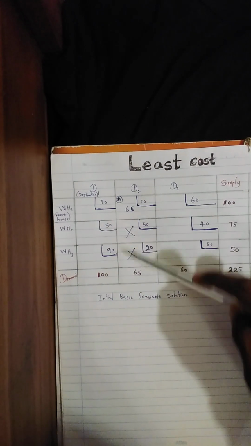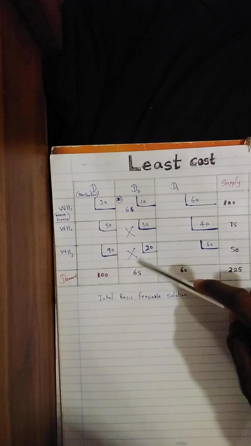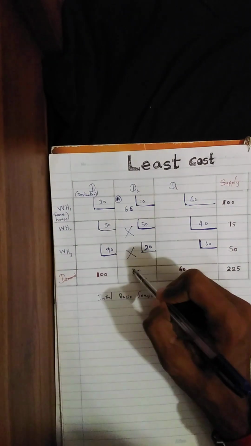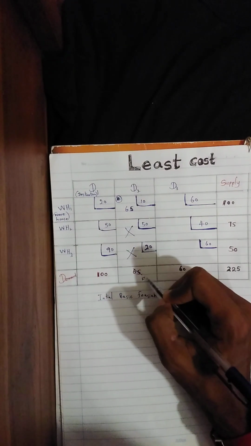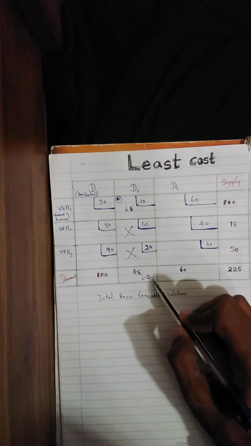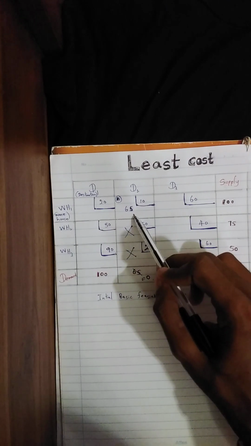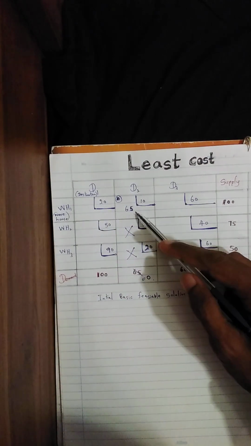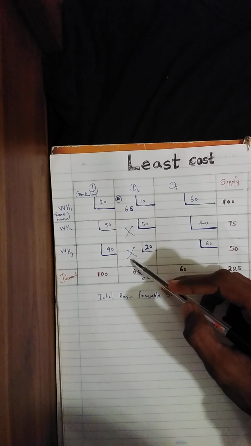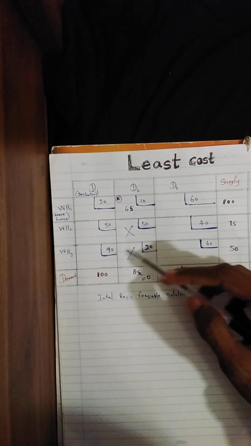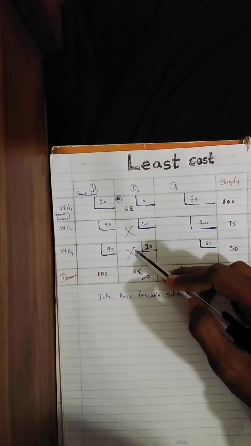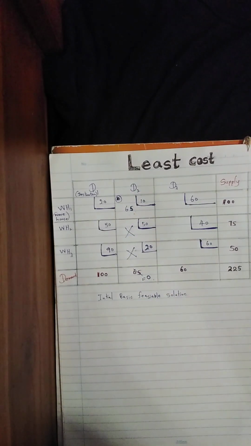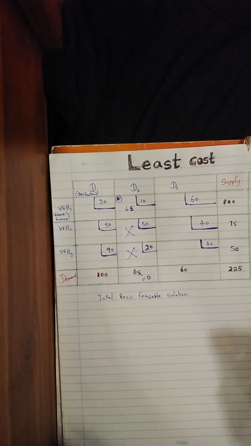Therefore, we can cross these cells, because this demand becomes 0 as warehouse 1 supplied and fulfilled that demand. We don't want any units or products for destination 2. I think you got a better idea about that.